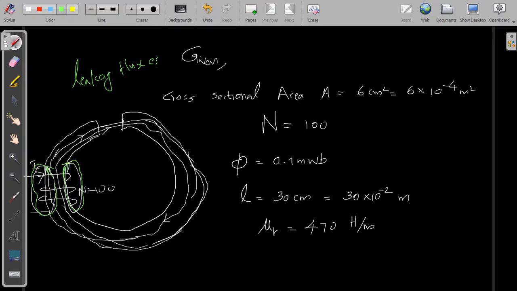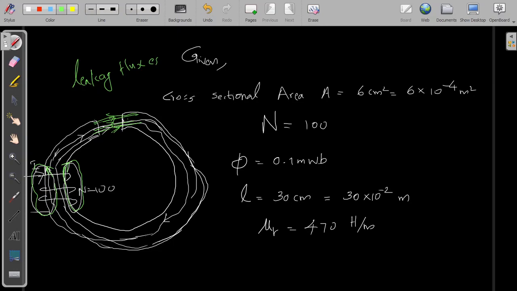fringing means actually when a change of medium is there for the flow of flux lines. So we are assuming that the flux lines of force are directed in this manner, parallelly, right?